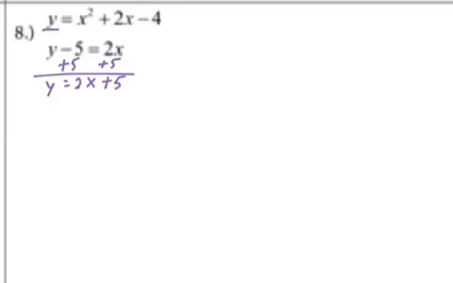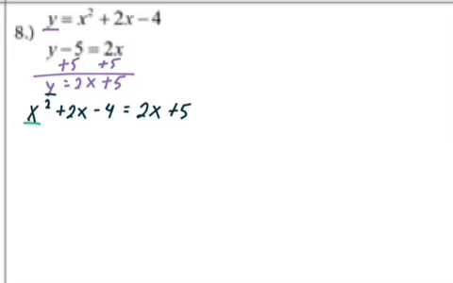Now that both equations are in the form y equals, you can now take and set them equal to each other. x squared plus 2x minus 4 equals 2x plus 5.